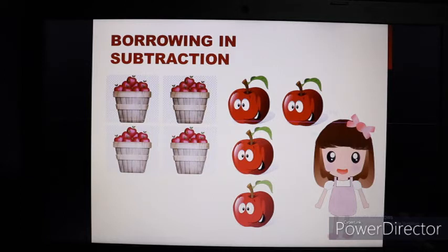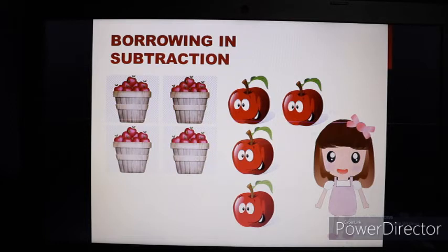She has also kept aside some single apples in case somebody asks for less than 10. A man comes and asks for 7 apples. That day she kept 4 single apples. She has only 4 single apples. How can she give 7 apples?